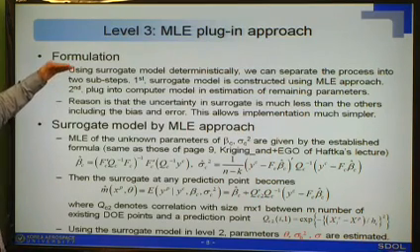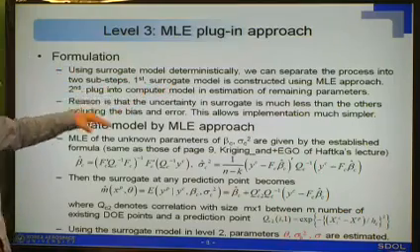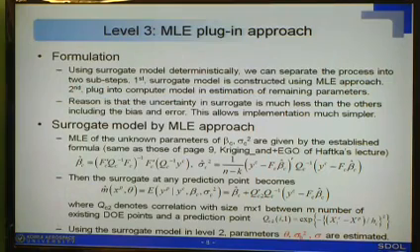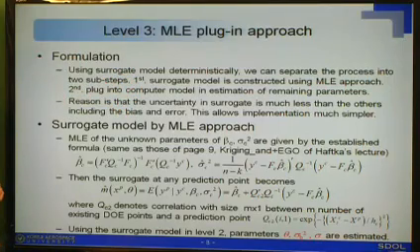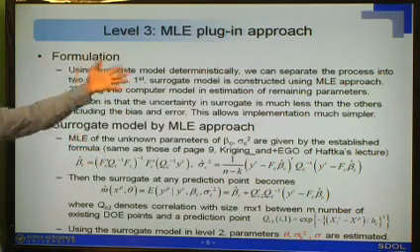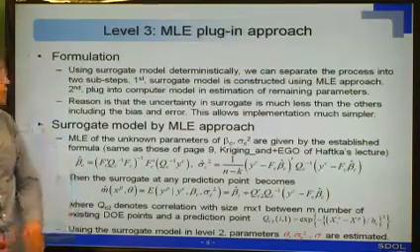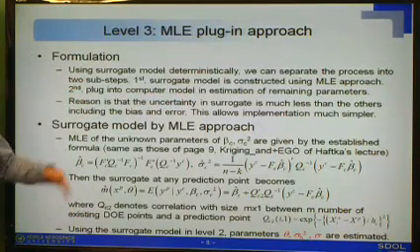So in this case, the surrogate model is constructed using the MLE approach, and plug that into the computer model, throwing away the original, and go through the process to estimate the remaining parameters in the same way as before.